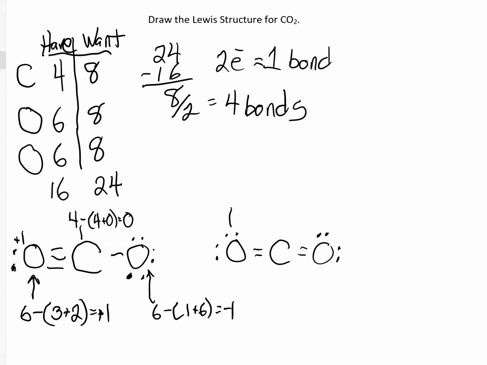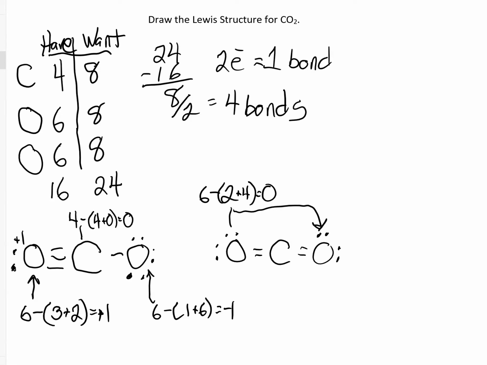So again, starting with oxygen, we've got 6 valence electrons. We've got 2 bonds here, both of them in the double bond. We've got 4 electrons as lone pairs, giving us no formal charge on this oxygen. So this is a good sign. Well, this oxygen also happens to be the same structure as that oxygen.